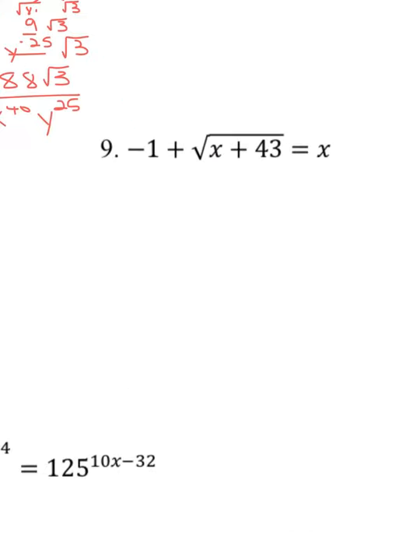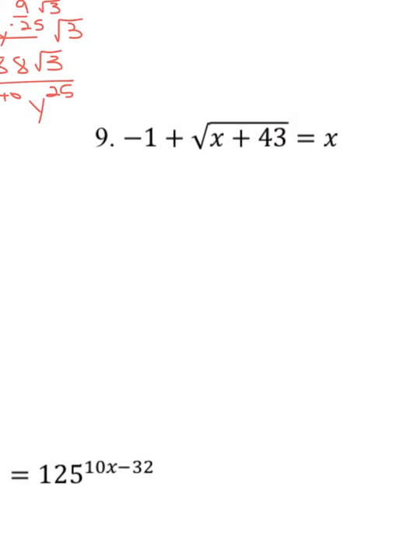And then number 9, you're going to add 1 to the other side. So the square root of x plus 43 is equal to x plus 1. If you wanted to rewrite this square root as the 1/2 power, you can. I know you guys know that the inverse of a square root is to square it. So you raise both sides to the 2nd power. This will cancel over here.